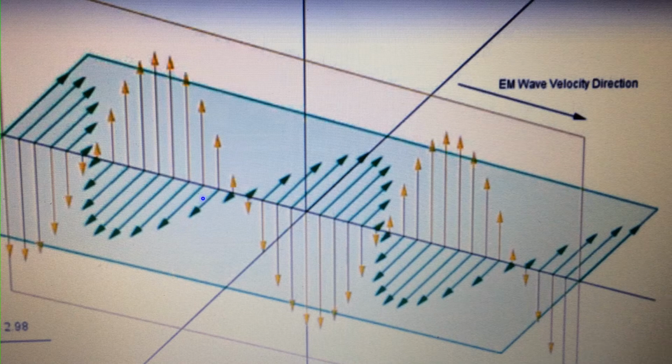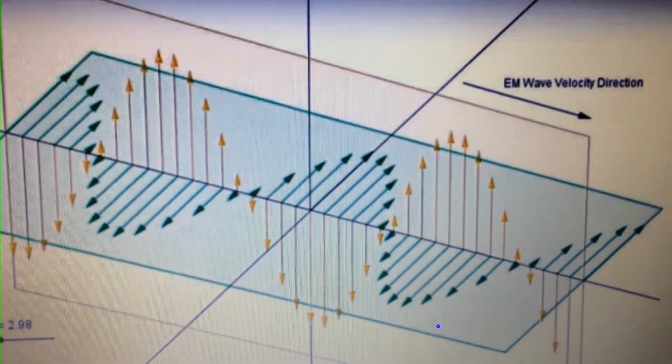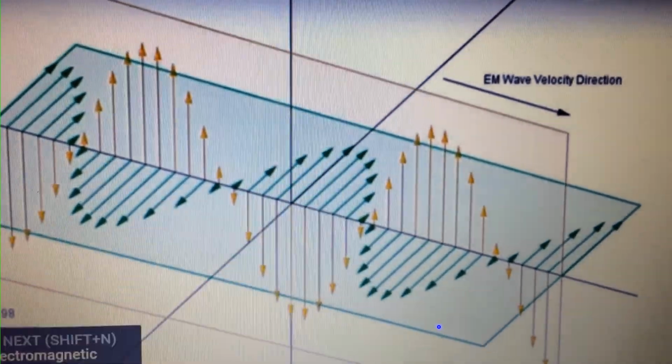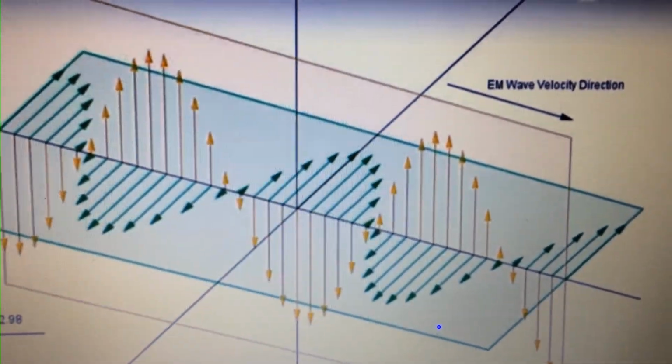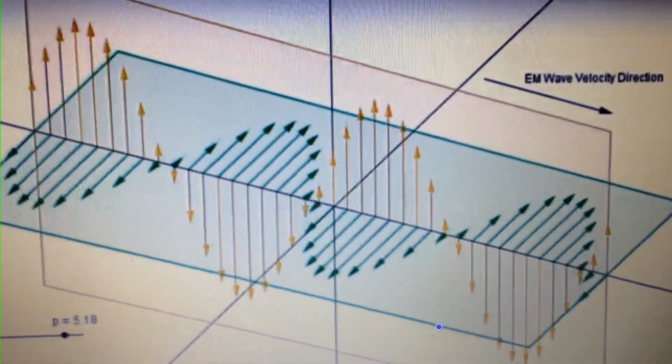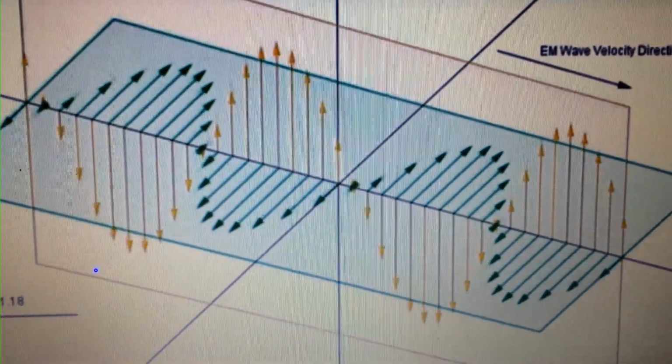To this direction of wave motion, electric field is varying like this, and magnetic field will vary like this. Okay, see how they are varying. See how nicely they are varying.